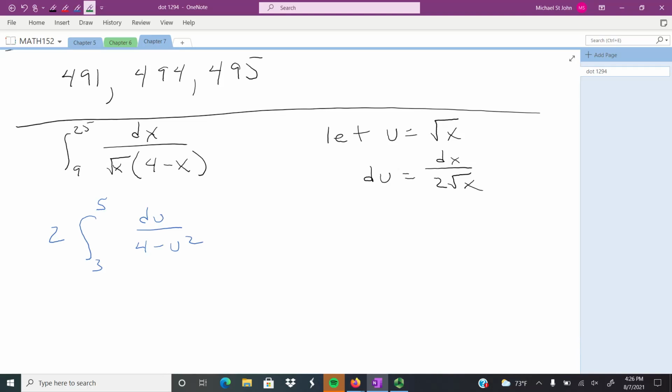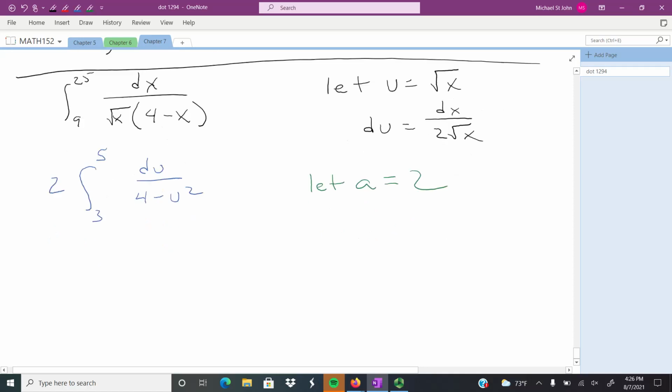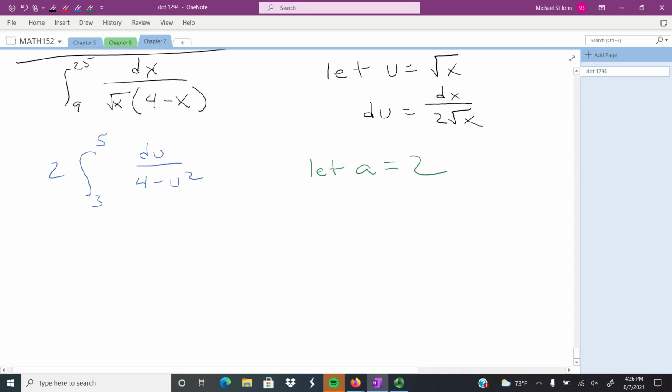Now we can say let a be equal to 2. And so now this will become 2, integral from 3 to 5 du over 2 squared minus u squared.